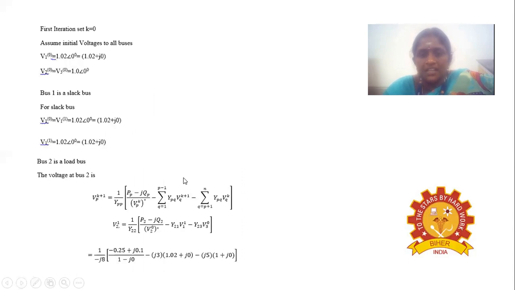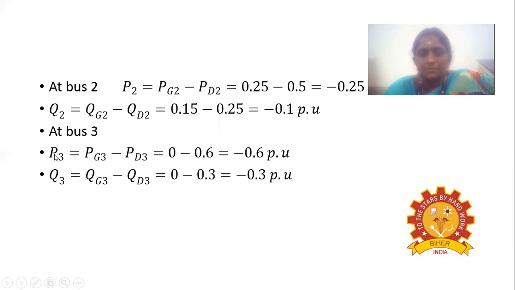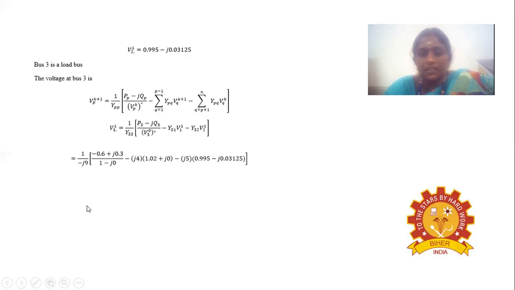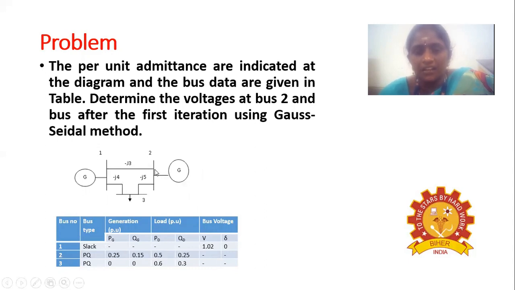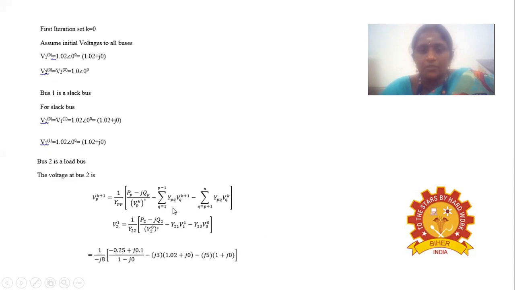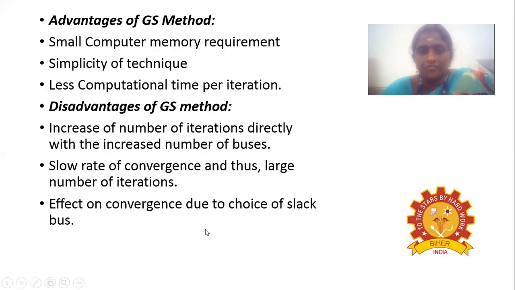P3 and Q3 values are substituted here. Finally, you get the V3 value. So now I have explained how to apply the Gauss-Seidel algorithm to find the solution, meaning the voltages at the end of the first iteration at all three buses. For load buses, only one equation is enough to find the voltage and phase angle.